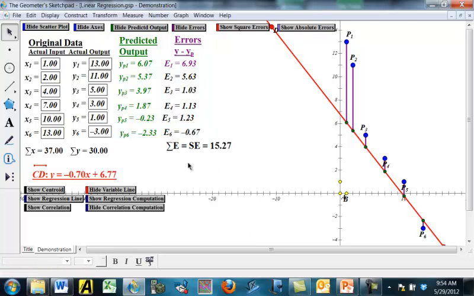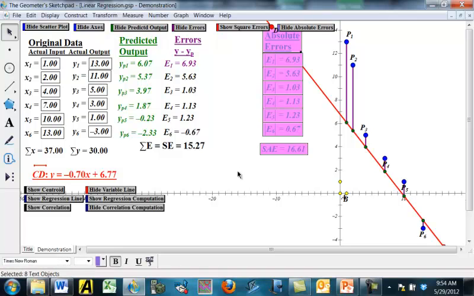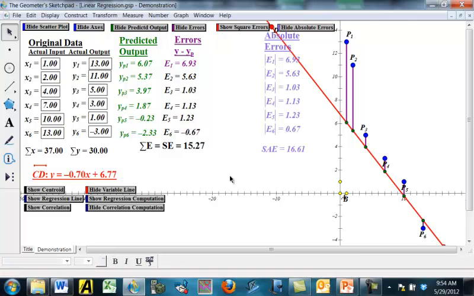Now we could add up these errors, but that itself is not particularly useful to us. Because think about it, you could have some really large positive errors and some really large negative errors, and they would cancel out. Now what we could do is take the absolute value of those errors and add them up. That would be the sum of the absolute errors, but that's typically not what we use.